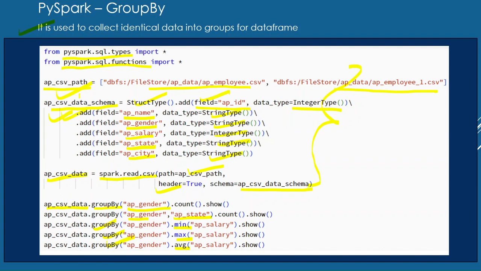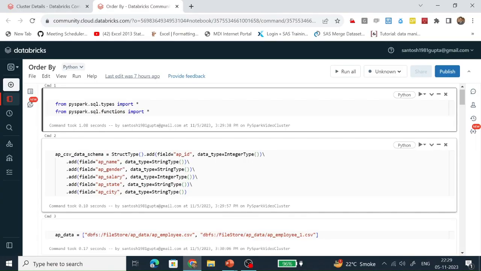You can go and watch a couple of videos where I have covered in detail how we can create a data frame by reading a CSV file. In this exercise I am going to copy these codes and show you how GroupBy function and mean, max, and average functions work on Databricks.